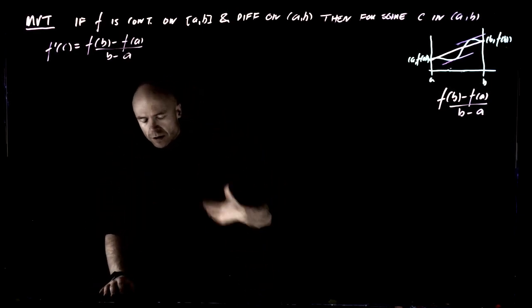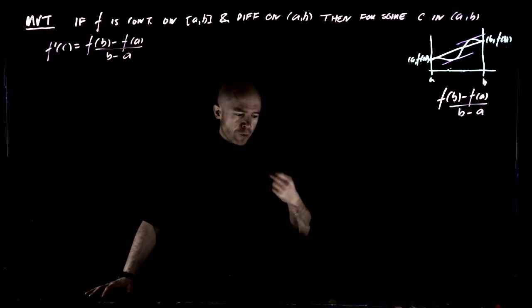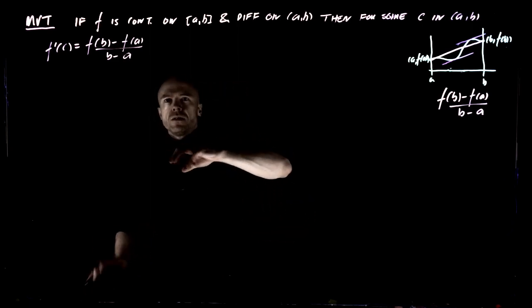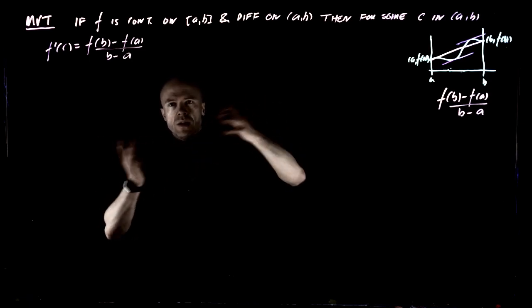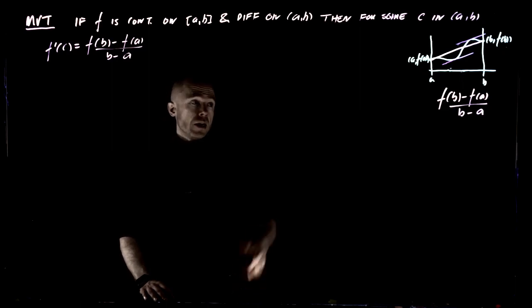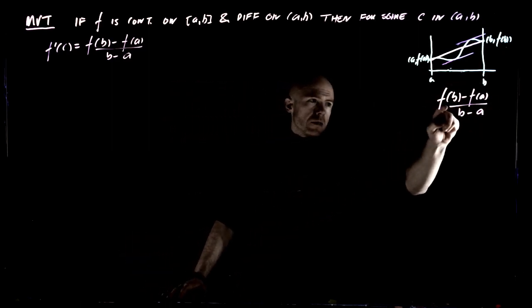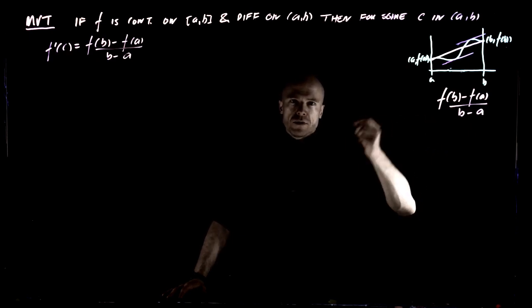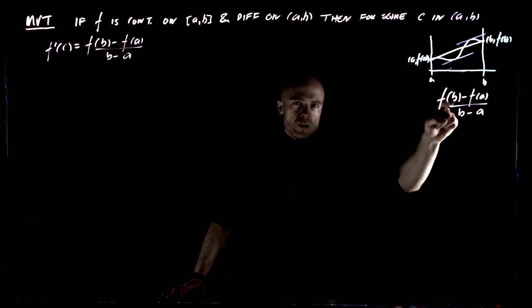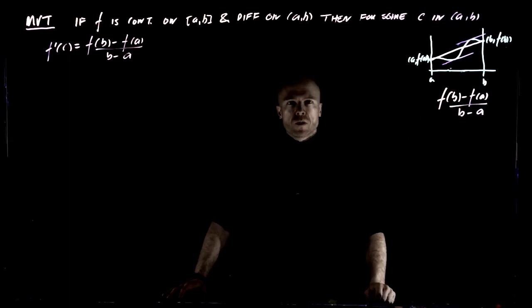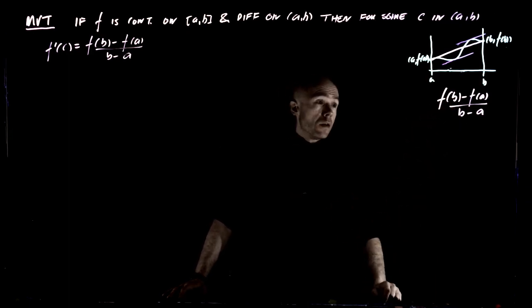If we rephrase it into the language of position and velocity, we consider f to be the position at a certain time between A and B, then f prime is the velocity, right? And this quantity, f of b minus f of a, is how far we travel in this period of time from A to B, because where we are at B minus where we are at A, it's how far we travel forward.